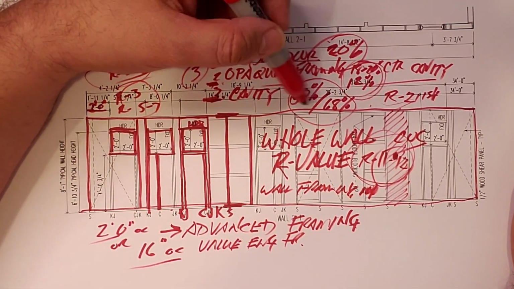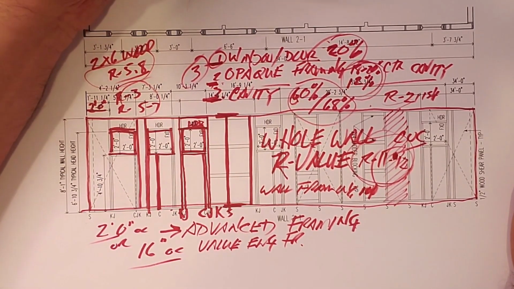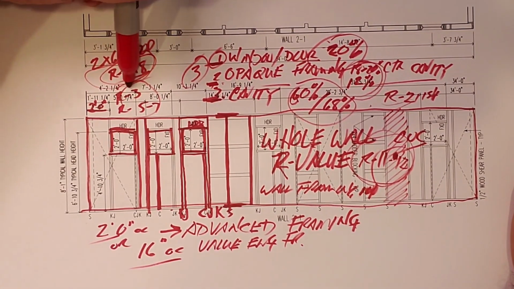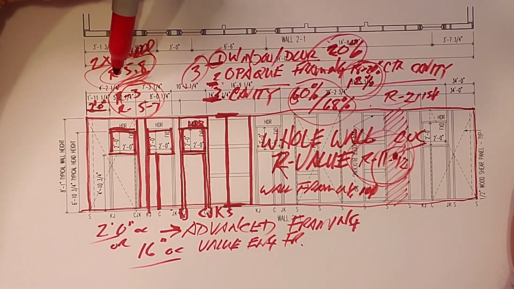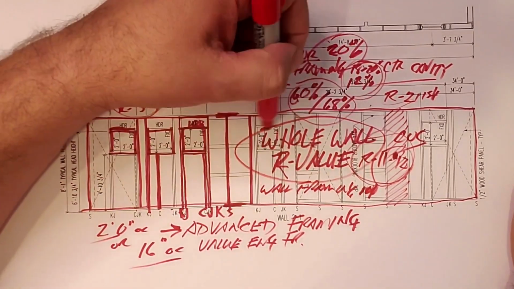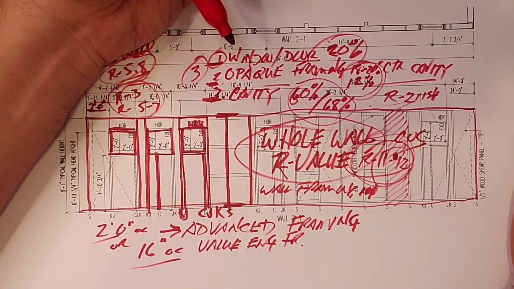Cavity area only making up 60 to 68%, so that other 32 to 40% are numbers down in the 5 or less range, possibly 6, but they bring that average down so that our whole wall R value, when figured out, comes out to that R11, R12.